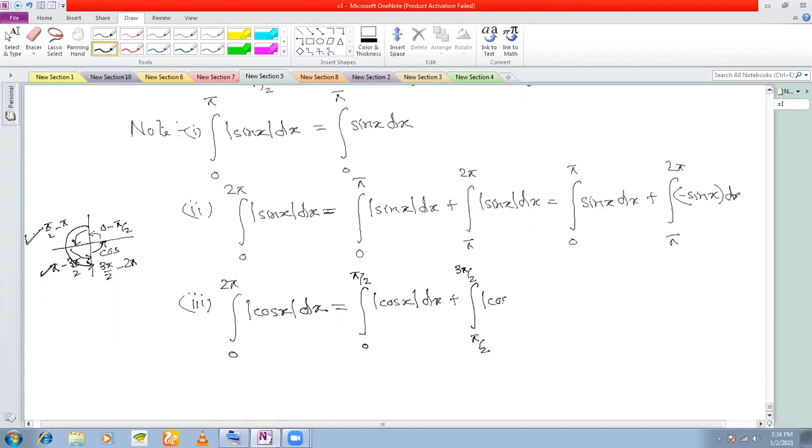Understood? And the last one will be from 3 pi by 2 to 2 pi, mod cos x.